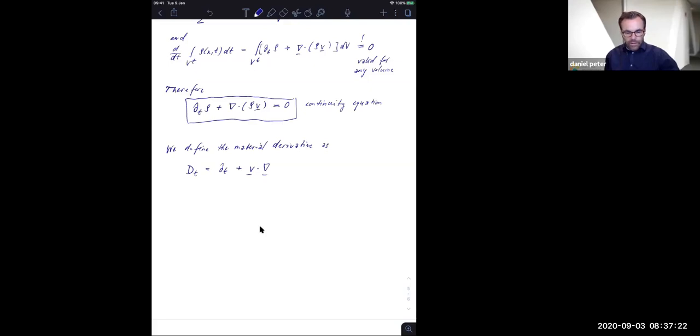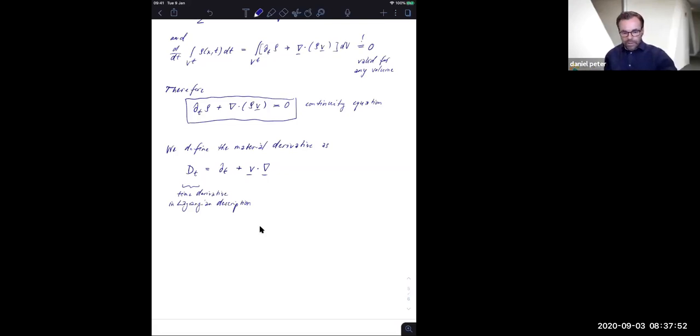You can think of this as being the time derivative in a Lagrangian description. You see the second term, we move along with the velocity field and then take the derivative of it.